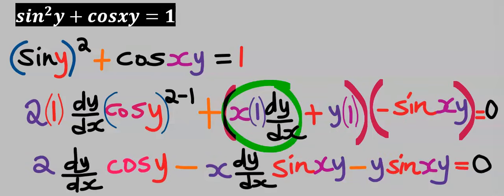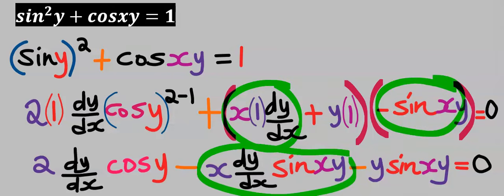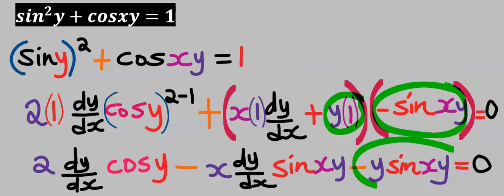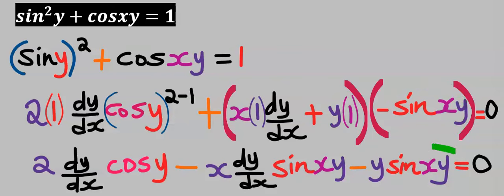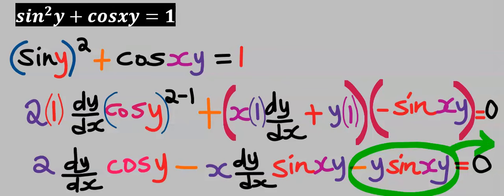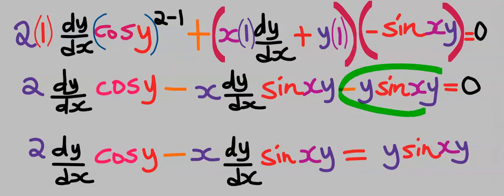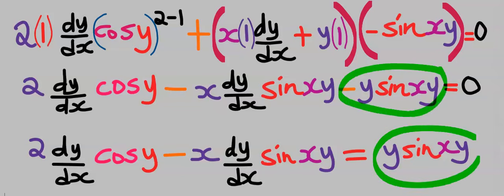This multiplied by this will give you this. Likewise, this multiplied by this will give you this. Next, the variable without dy dx will move across the equal sign. This will move and become plus on the other side of the equal sign.